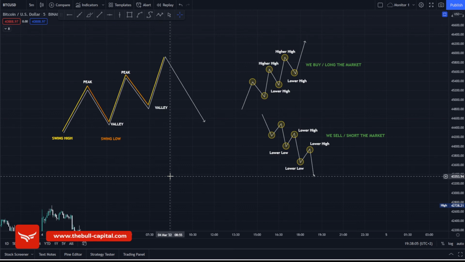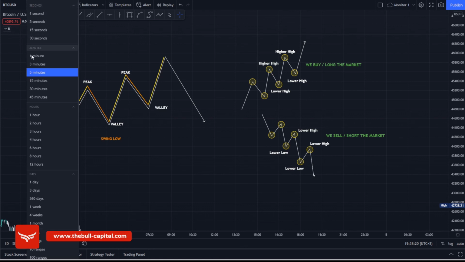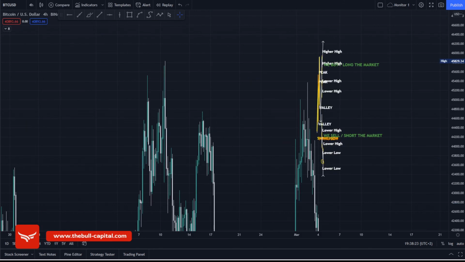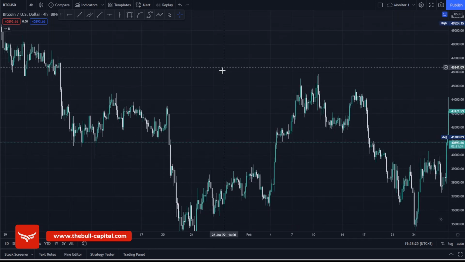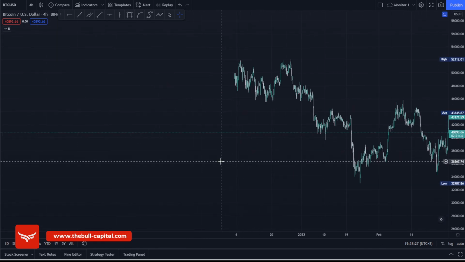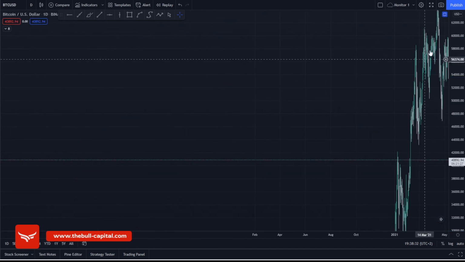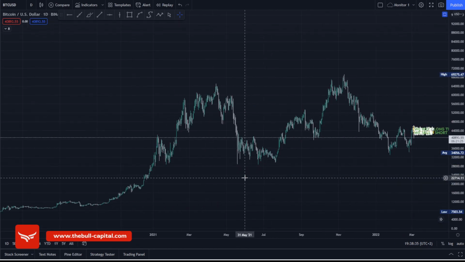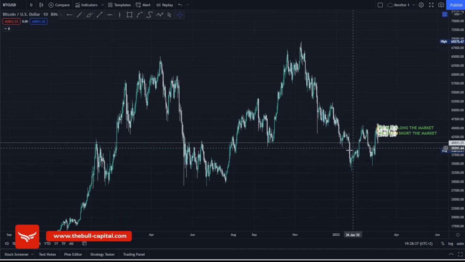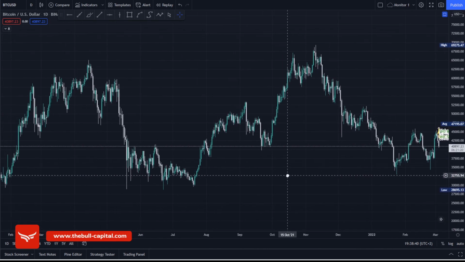But before I end this, I also want to show you on a chart how a valley, a swing high and a swing low look like. Okay, I will go to the chart and we're gonna look for a swing high.